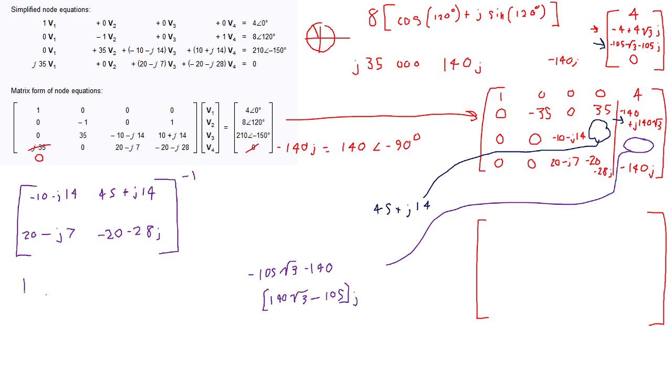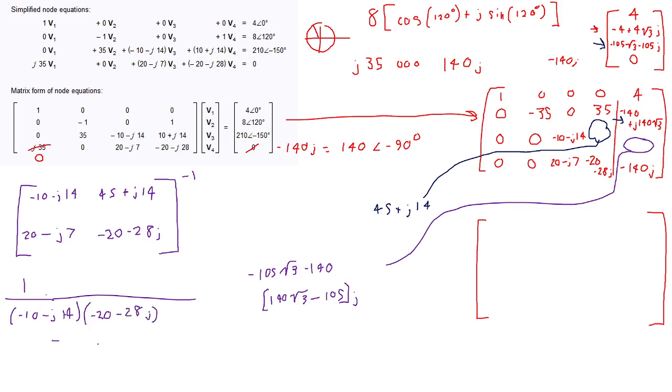All right, so the inverse of the matrix is 1 over AD minus BC. So we have to calculate negative 10 minus J14 times negative 20 minus 28J.